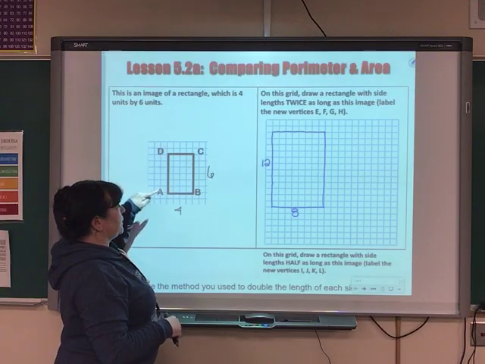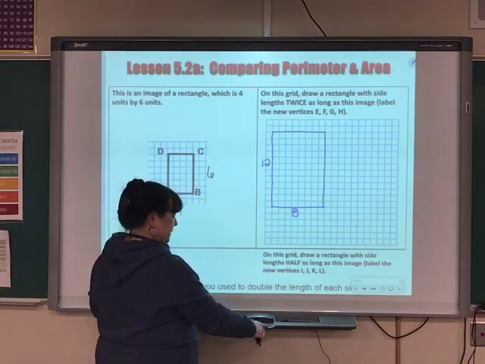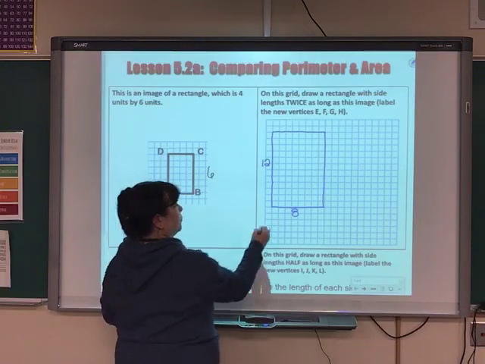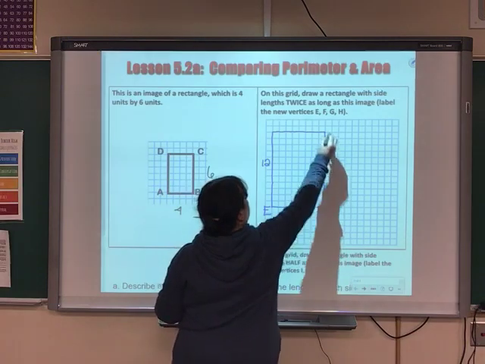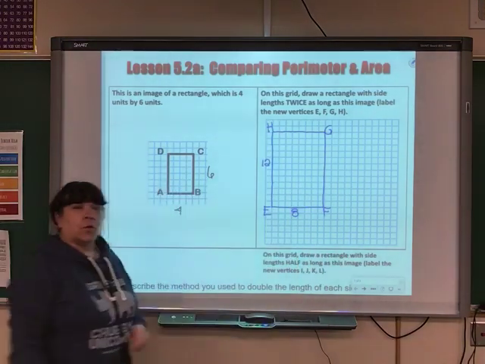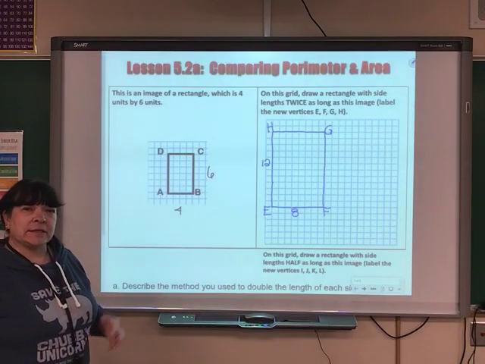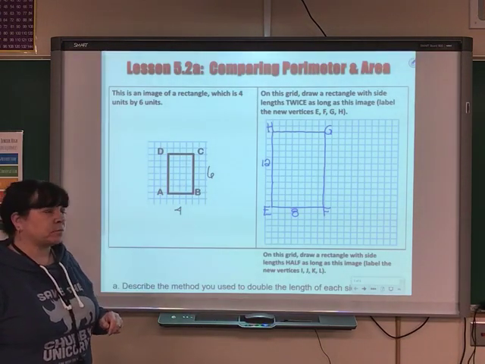Since we begin here with A, then B, then C, then D, we're going to start in the same bottom left-hand corner with E, go across to F, up to G, and then over to H. When we look at this, we can see that it is twice as wide, twice as tall.